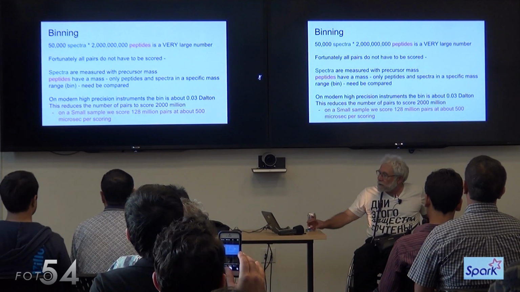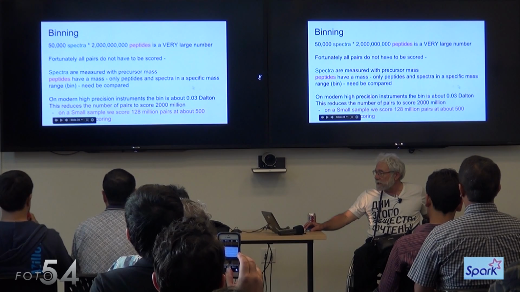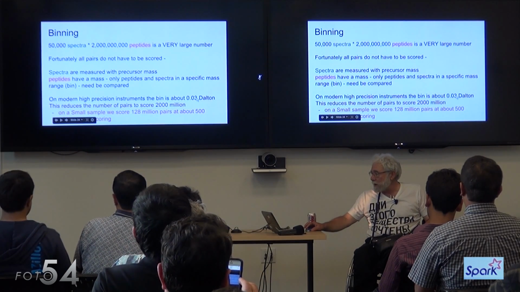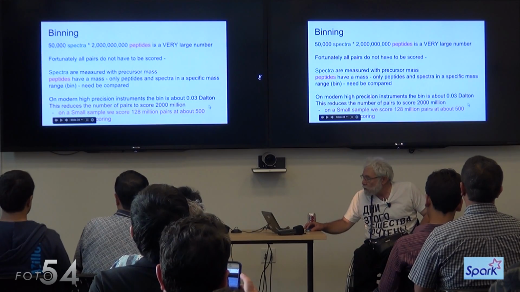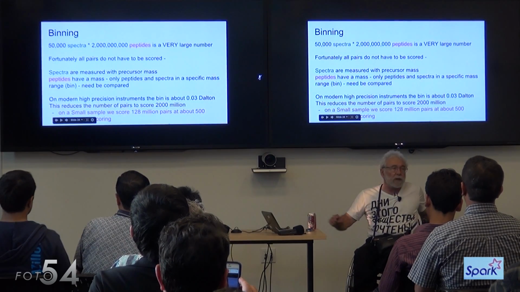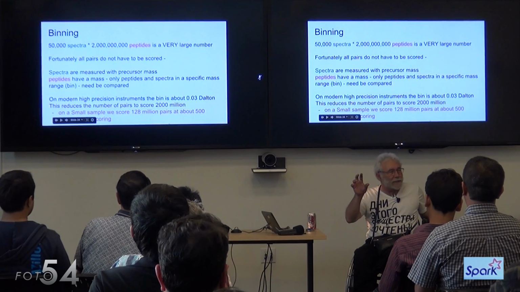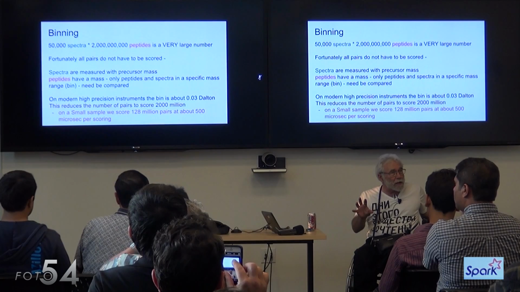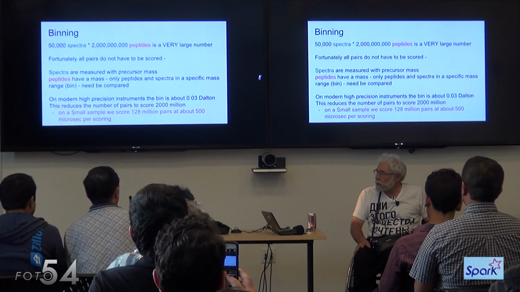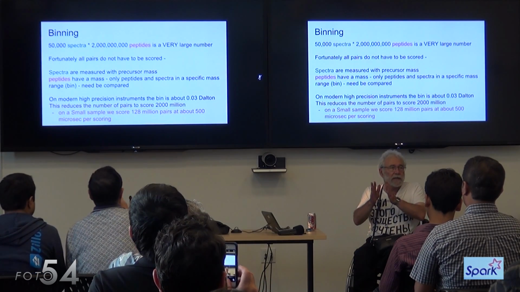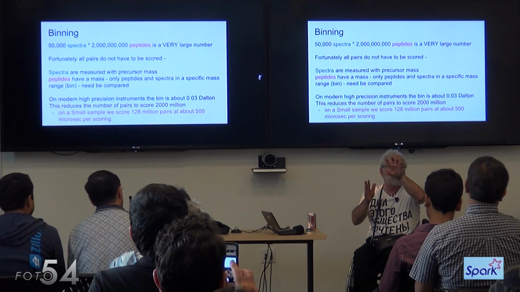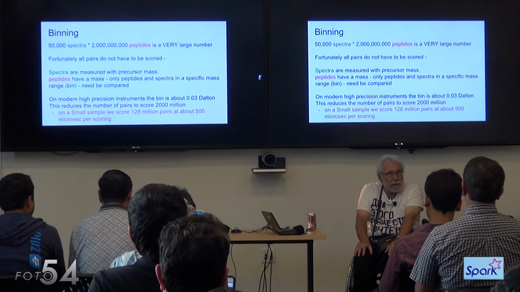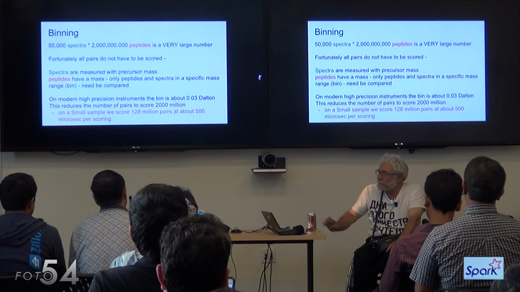So they have to be within the same bin, which in a high precision instrument ends up being about 0.3 Daltons, which means you're scoring a lot less than that very large number we came up with. It's still a lot of scoring, but you're doing a lot less work, and putting things together in these bins, all spectra with a particular mass, with all peptides of that mass, and scoring them together makes the problem tractable.